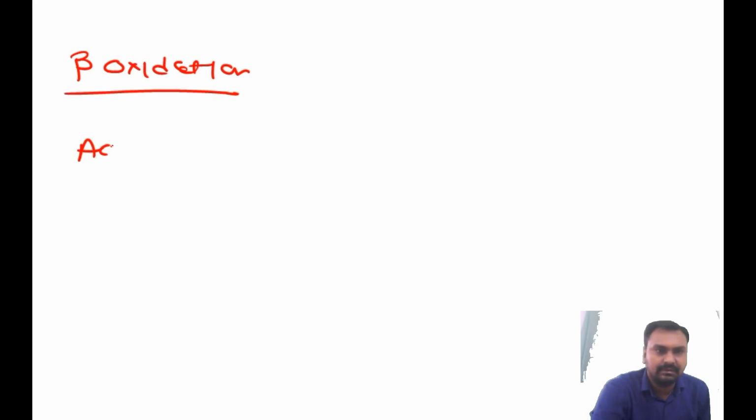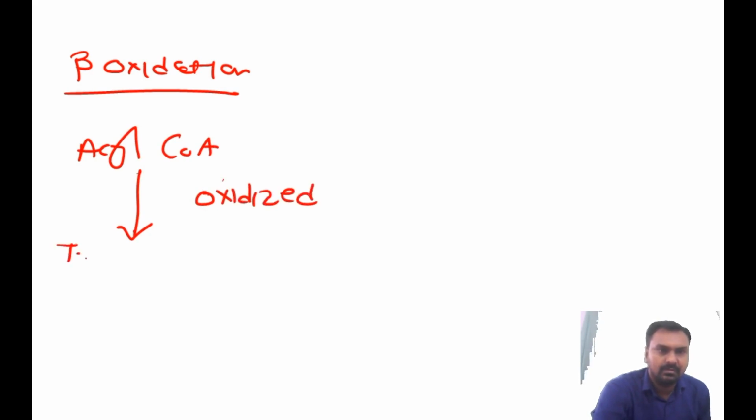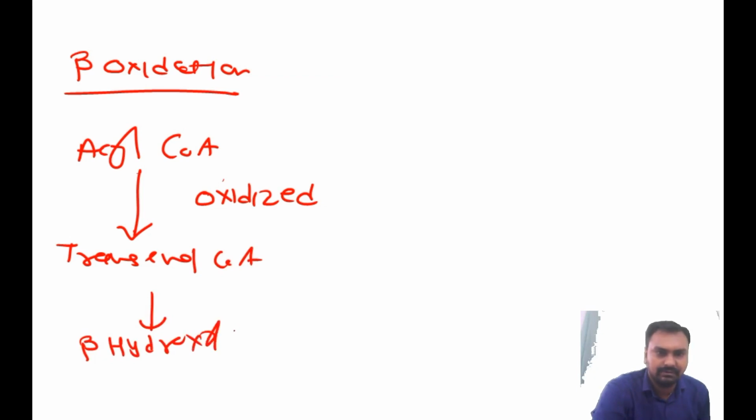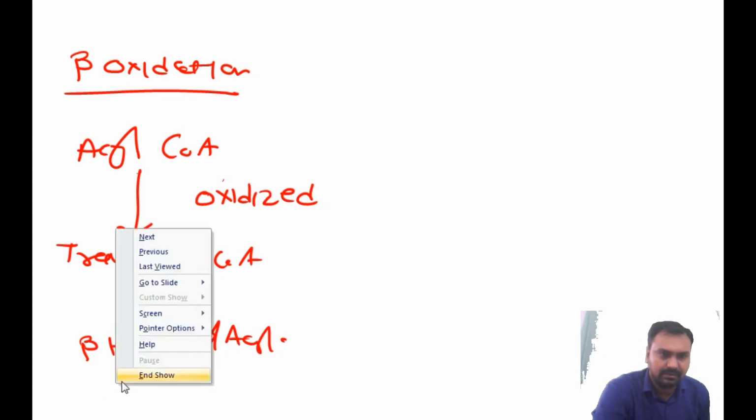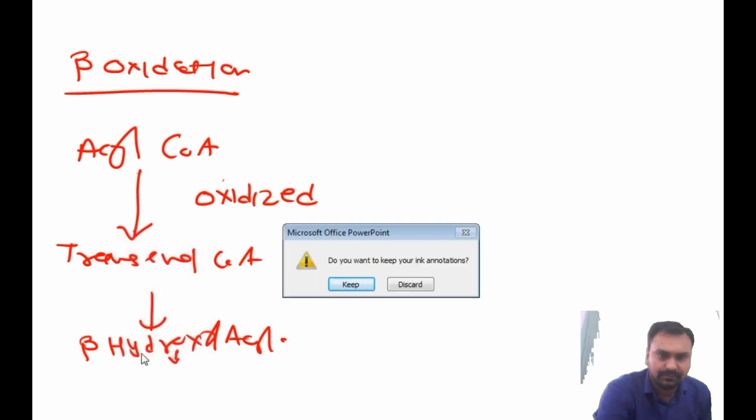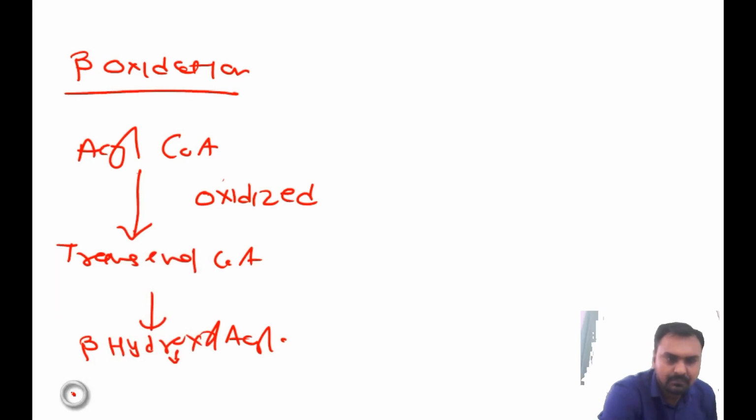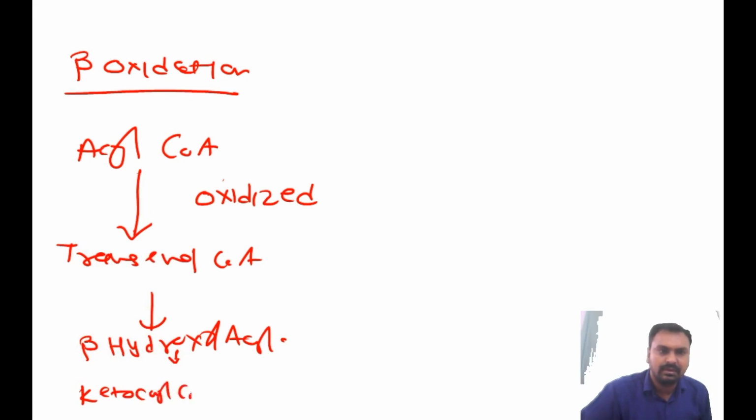What happened in beta oxidation? Acyl-CoA fatty acid, first it was oxidized to trans-enoyl-CoA, then hydration occurred and it will form hydroxyacyl-CoA, then it will be converted to ketoacyl-CoA, and then acyl-CoA with the help of thiolase plus acetyl-CoA.